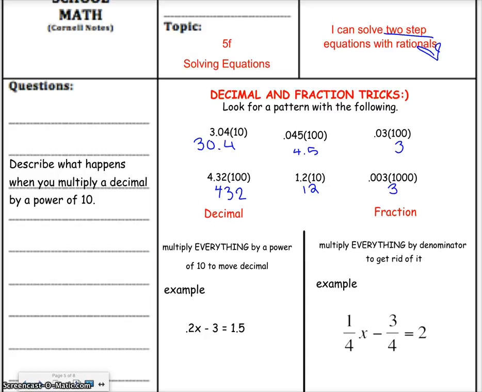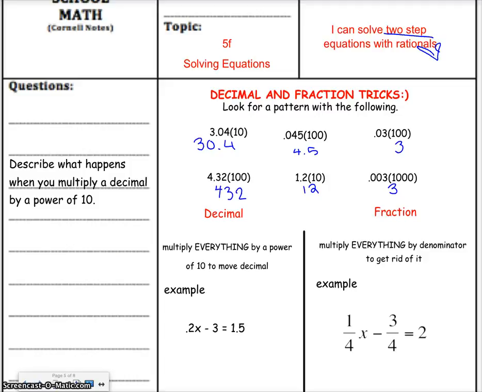Do you see the patterns that I showed? Okay, and what was the pattern? You move the decimal one space to the right for each zero. Yes, you move the decimal one spot to the right per zero you were given.